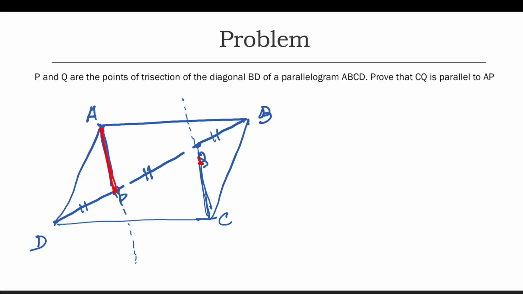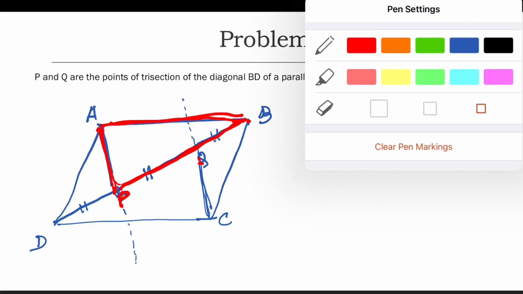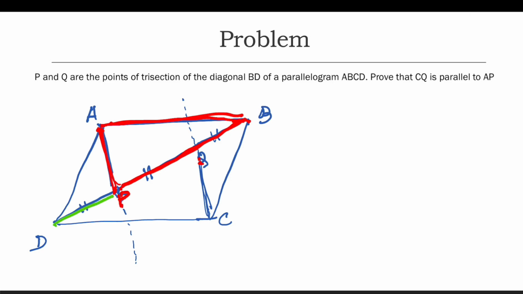So what we have to do is, I will take one triangle which is APB. This is my one triangle, right? And I will take my second triangle, which is this triangle, CQD.